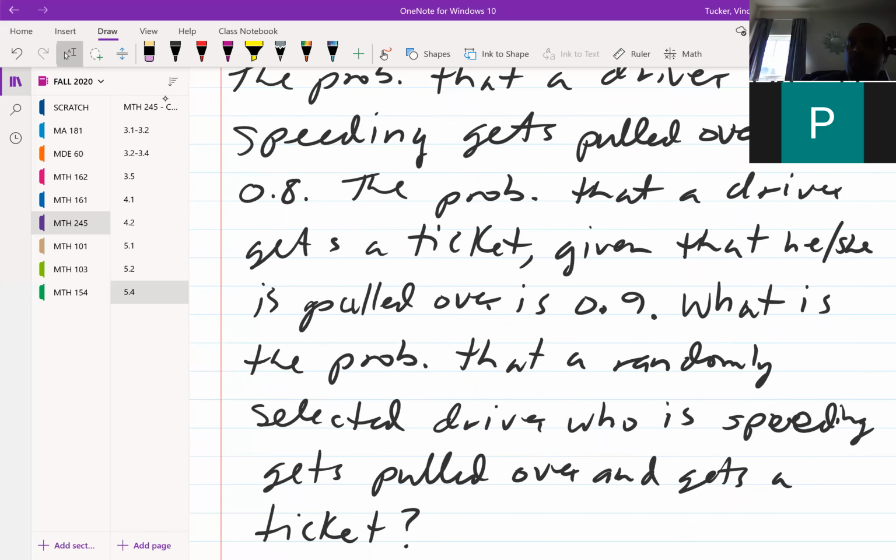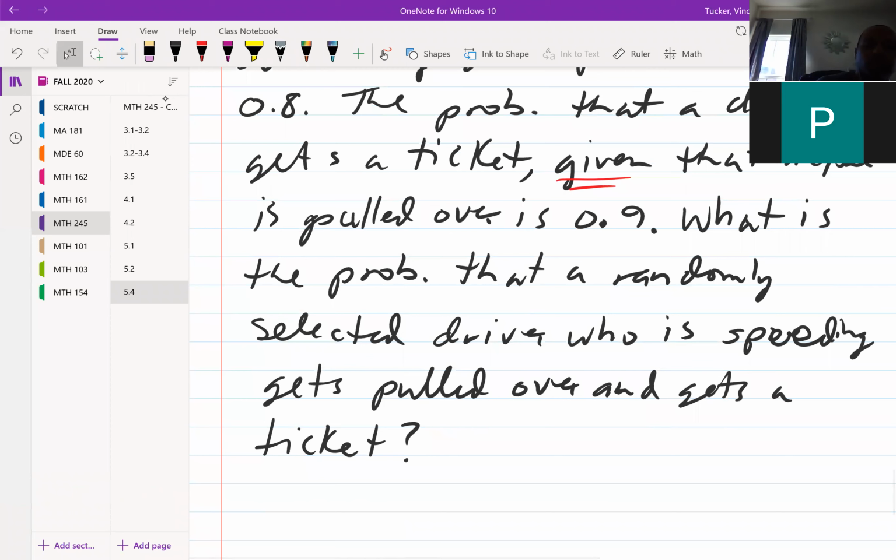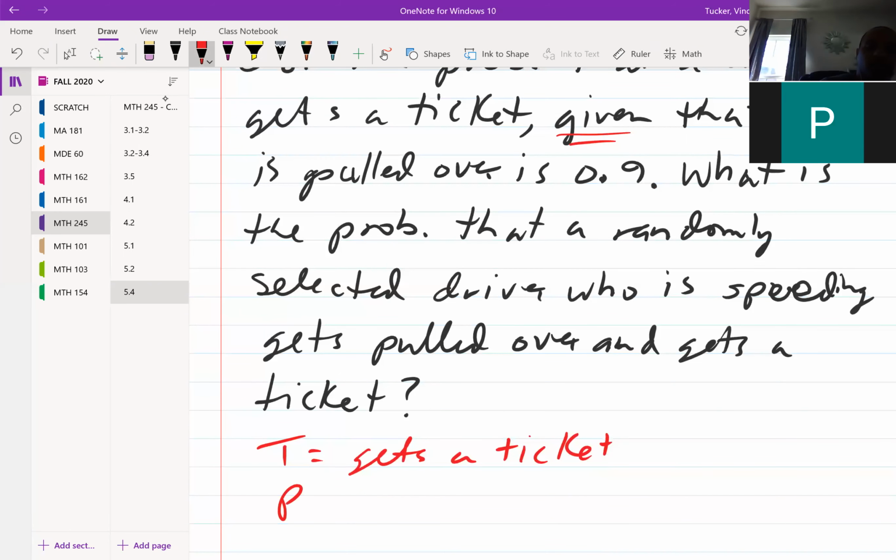We have two occurrences here. If you go to your word given, what's the probability that a driver gets a ticket? So we can do T, gets a ticket, given that he or she is pulled over, P for pulled over.